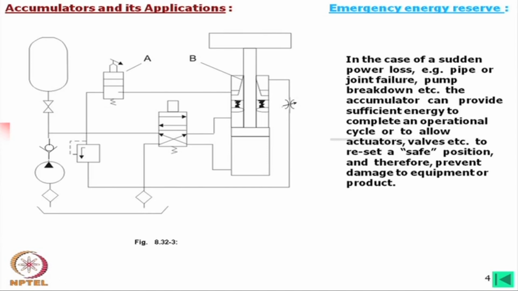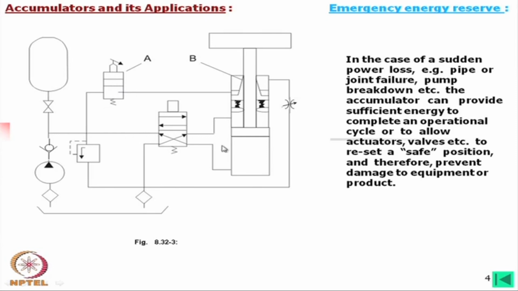Now, what will be the operations? If we consider these connections, then oil is going to the rod end side of the piston and oil from this head side is going back to tank. Okay. Now, in any case, if the pressure is increased, then oil will be relieved to the tank. However, when the full amount is not required, in that case this is being stored and it is not being operated.